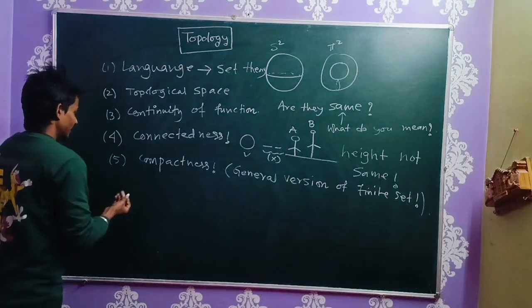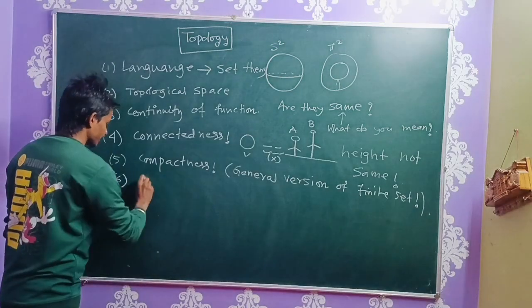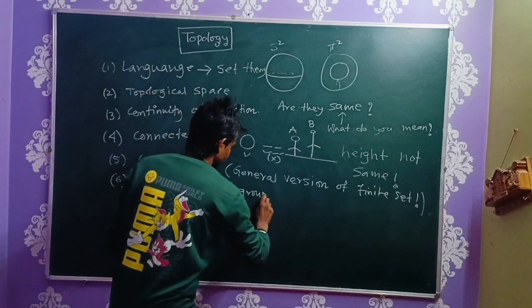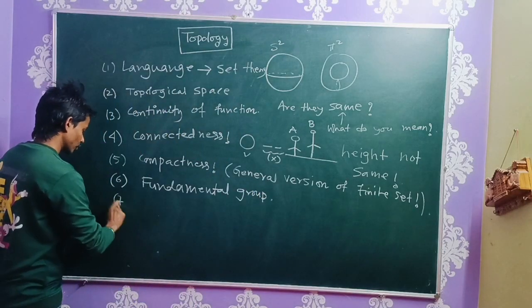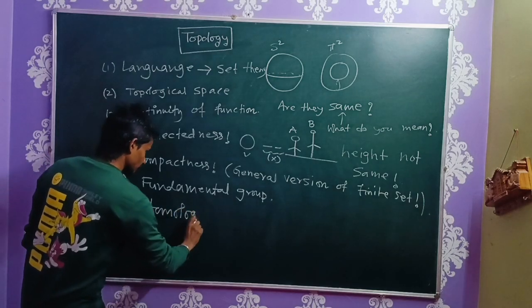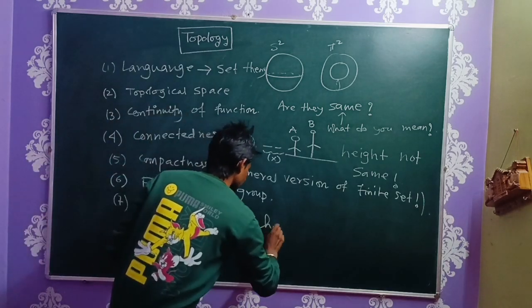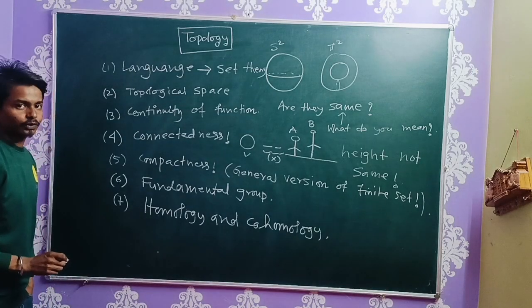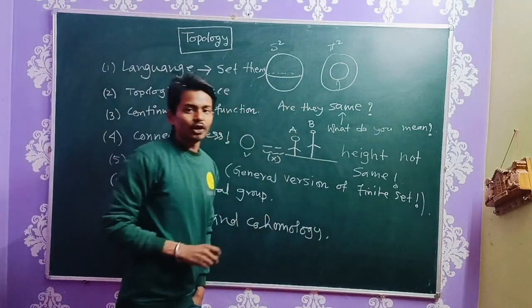Next we define the fundamental group, and then homology. These are the tools that you can use to decide whether two objects are same or different.